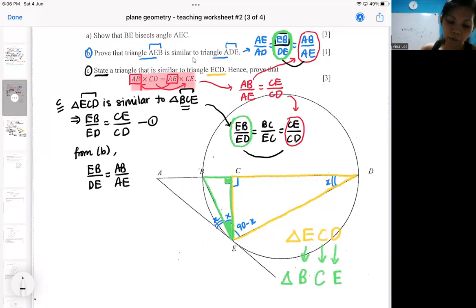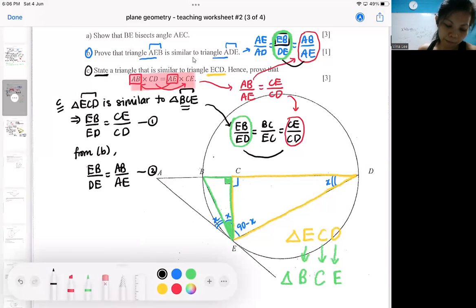So it's the equation 1 and equation 2. You got to cheat from whatever you're supposed to prove. You got to write out the ratio. There will be a lot of ratios. That's why you got to be focused.